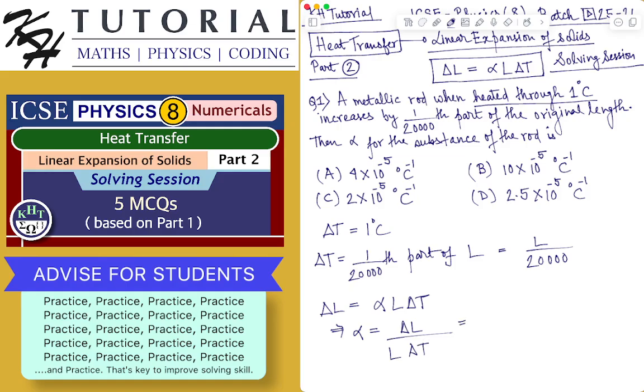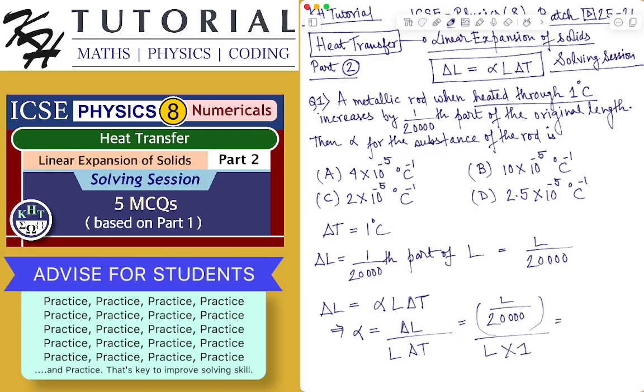Now this delta L is given, delta T is 1 degree Celsius. Delta L is L by 20,000, and then we divide by L, and delta T is given to be 1 degree Celsius, so it is 1.